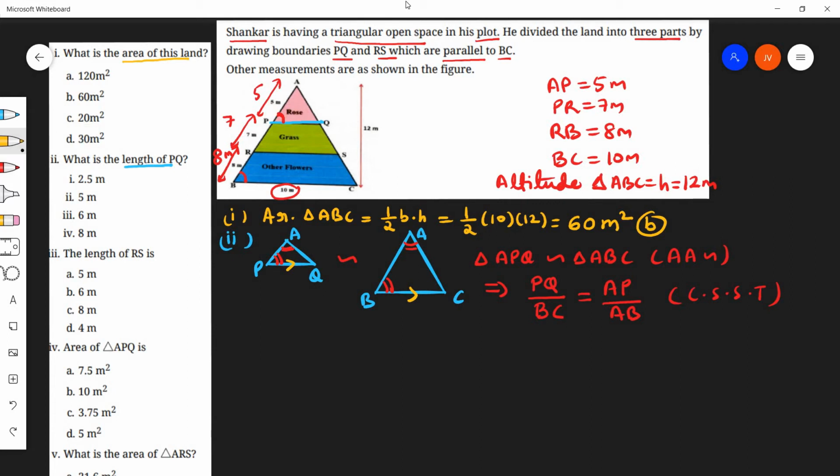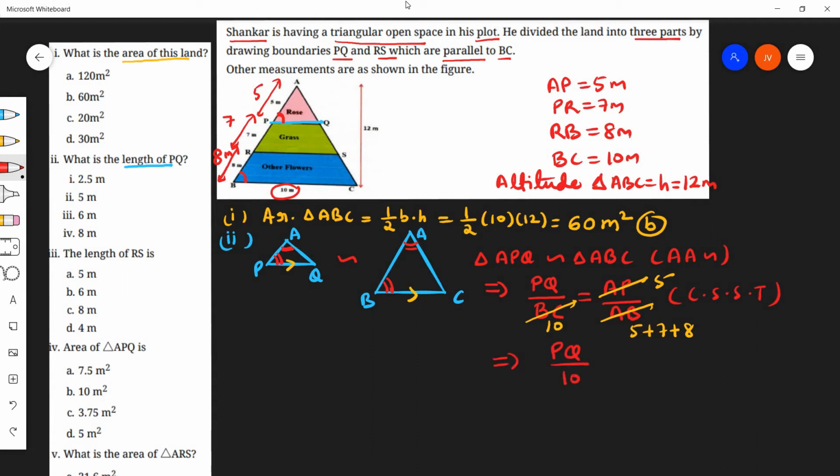And we have to find length of PQ in the second bit. But we know BC, that is 10 meters, AP, that is 5 meters, and AB is the complete length, that means 5 plus 7 plus 8. If you refer to the diagram, you can understand. Now, what is the PQ?